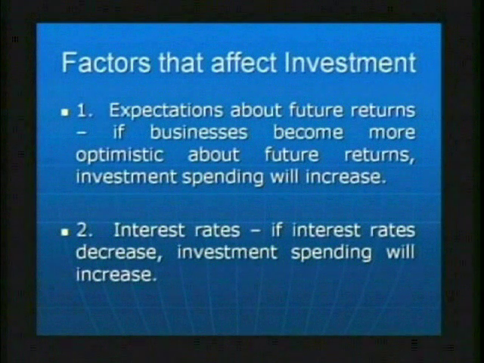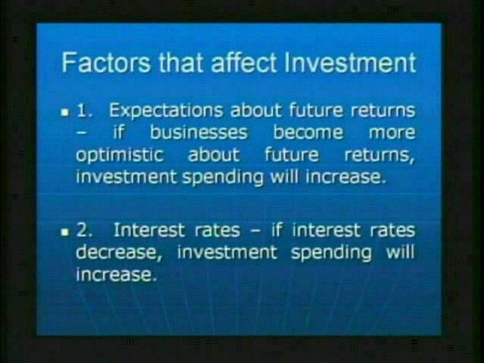On the other hand, he may get more pessimistic. As an example, he may decide, well, the economy is moving into a recession. I really can't depend on the 900,000. I may only get 600,000. And so as a result, his expectation about the future return goes down, and it makes the investment less attractive.